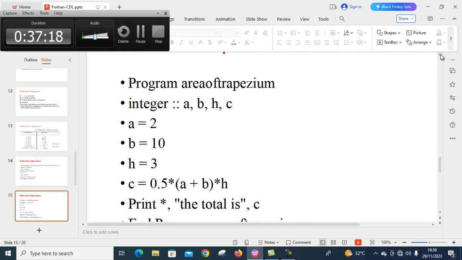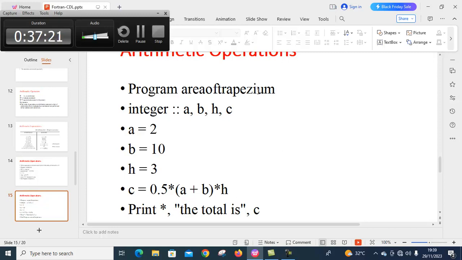Here is another one. We have to calculate the area of a trapezium. Here we declare what? Integer a, b, h, c. There is a simple rule which I want us to know.